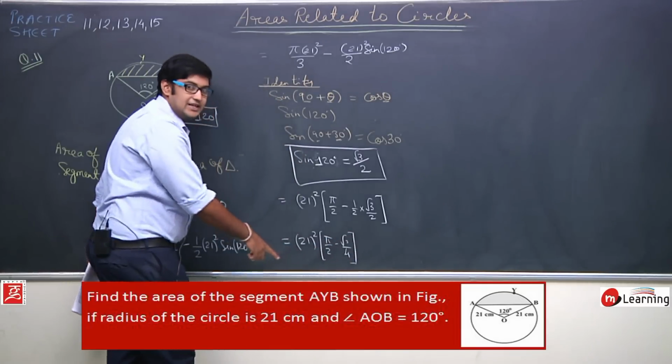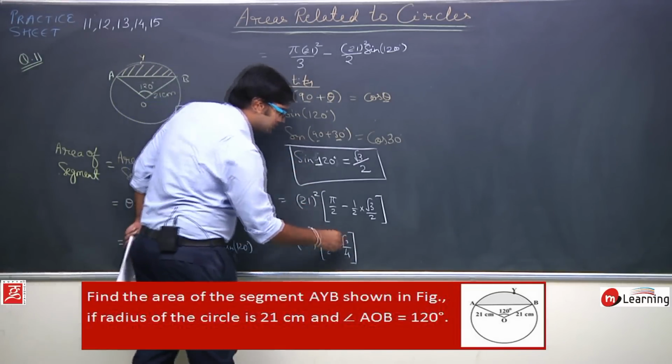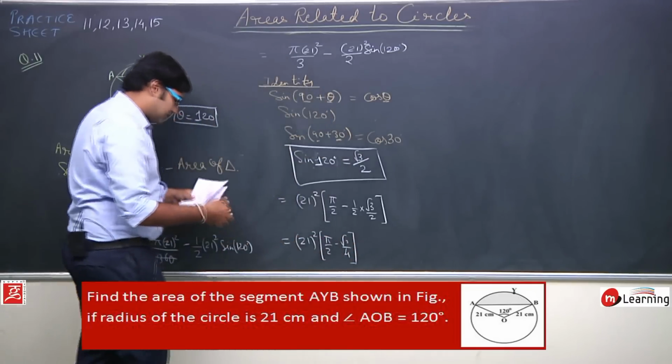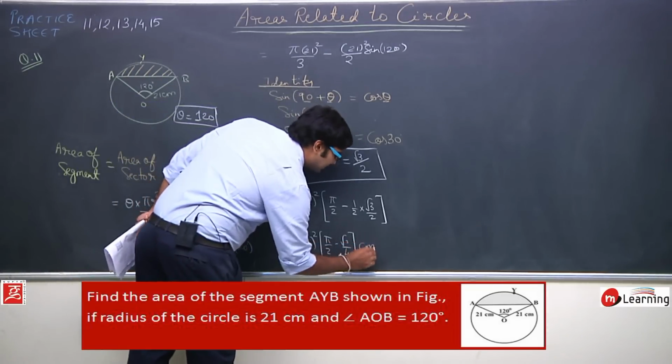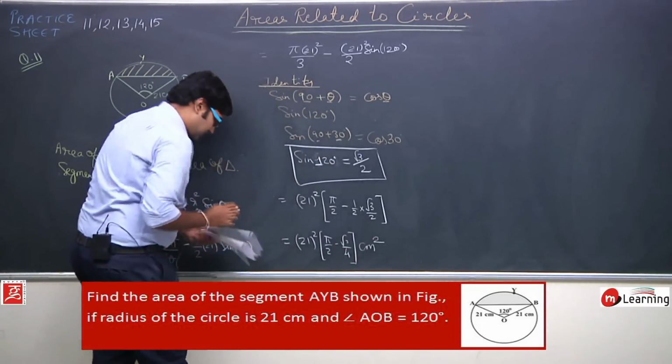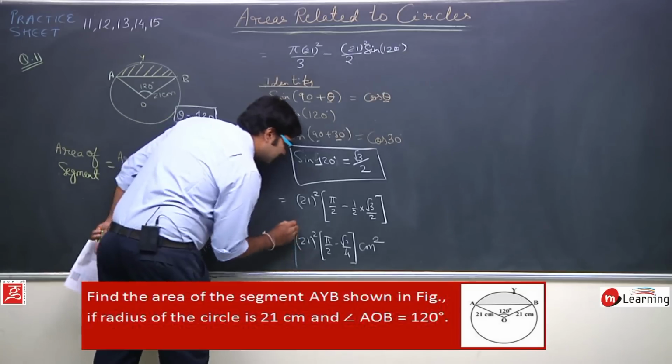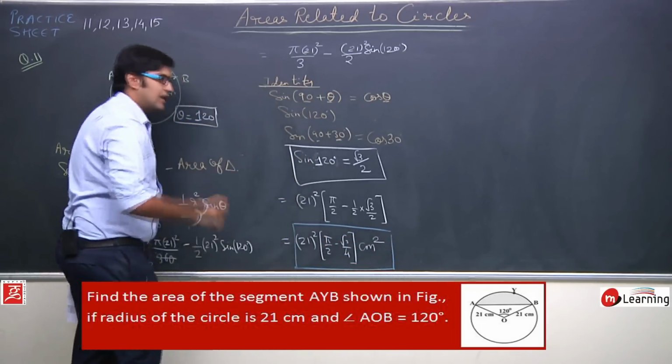So, you can solve this and determine the area of segment. The radius is given in centimeters, so area will be centimeter square. This is the required area of segment that we need to calculate.